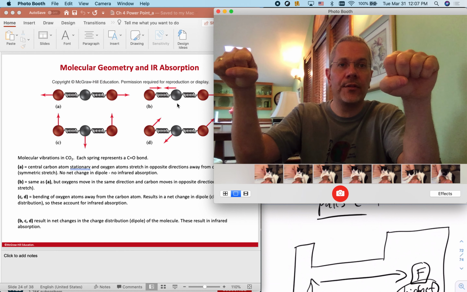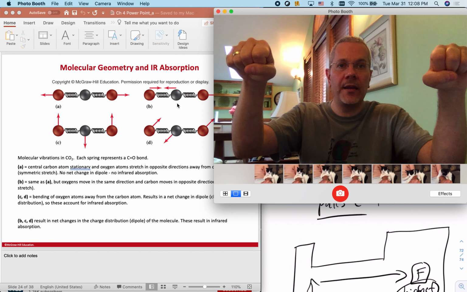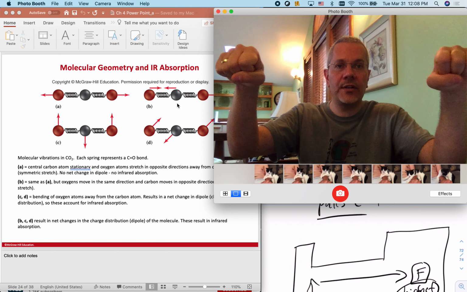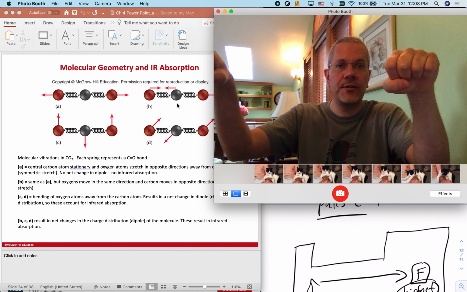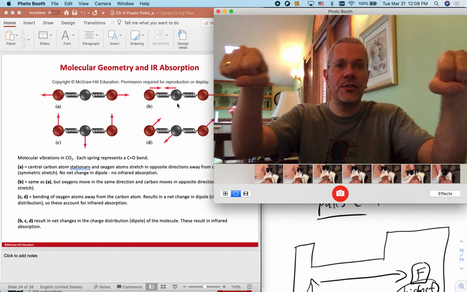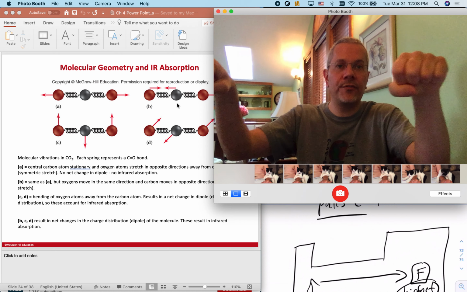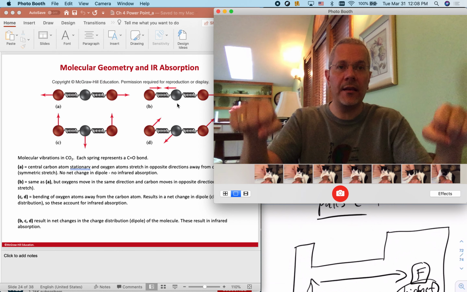So now the charge distribution is very different than in this scenario. Symmetric stretching is always equivalent. This one, not so much. And so this stretch will correspond to infrared absorption, as well as bending.